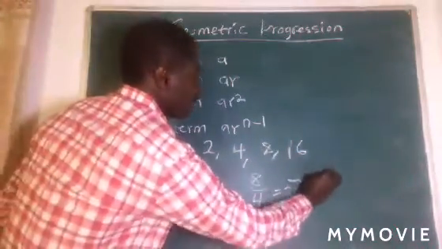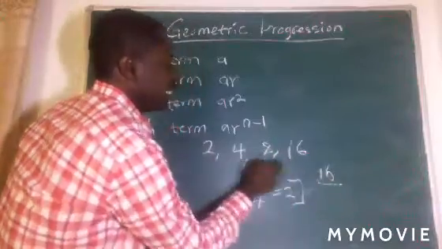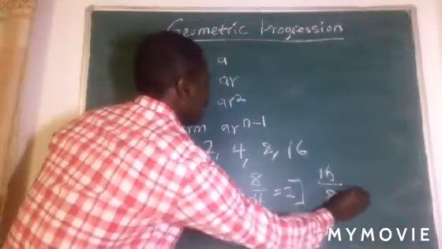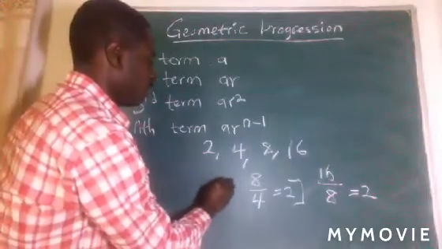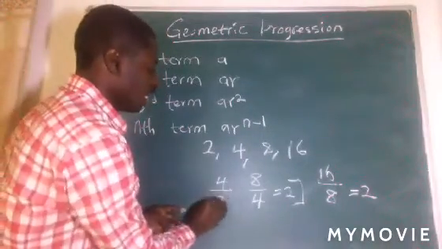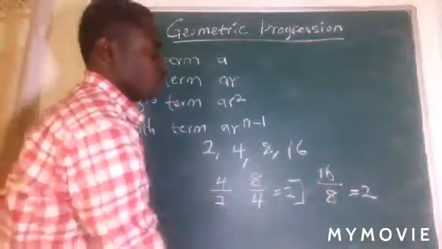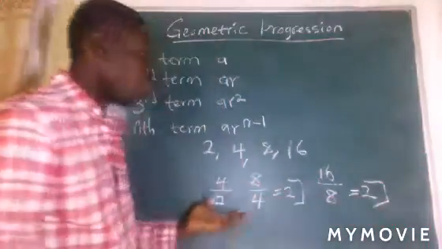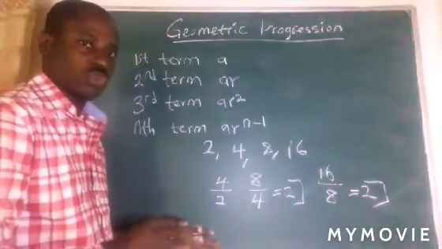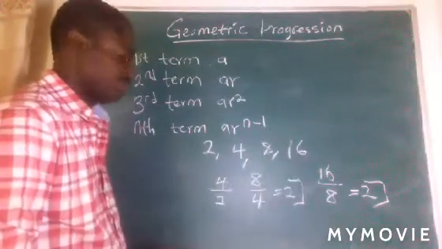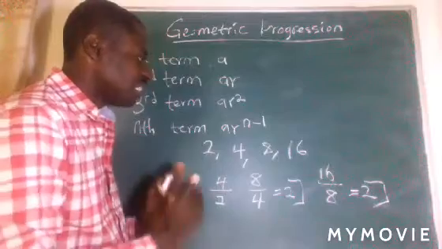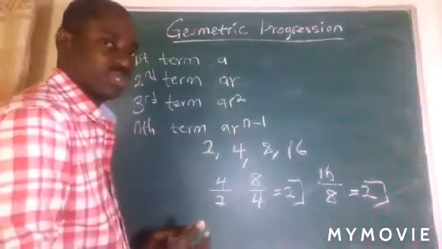16 divided by 8 is still the same thing as 2. 4 divided by 2 is still the same thing as 2. So the common ratio for each of them is 2. This is the increasing geometric progression. Then we also have the decreasing geometric progression.